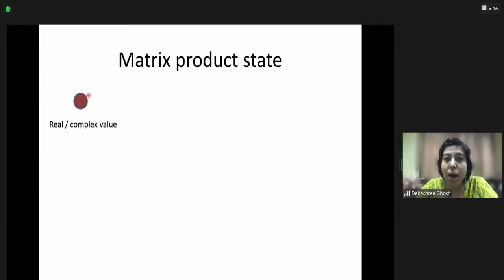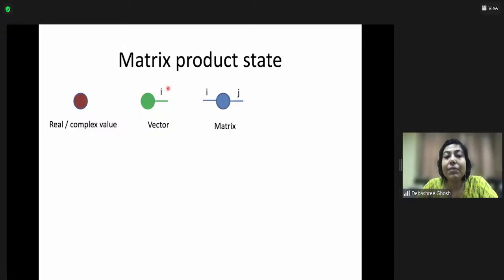It's just one number. If it's a vector, it has a dimension, an index i, so there is one leg that denotes this index i.